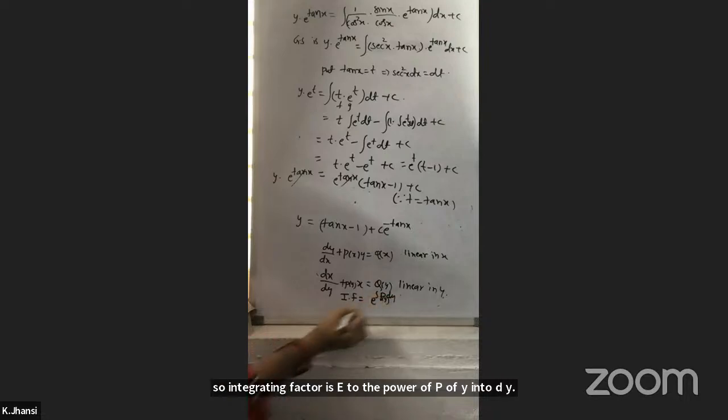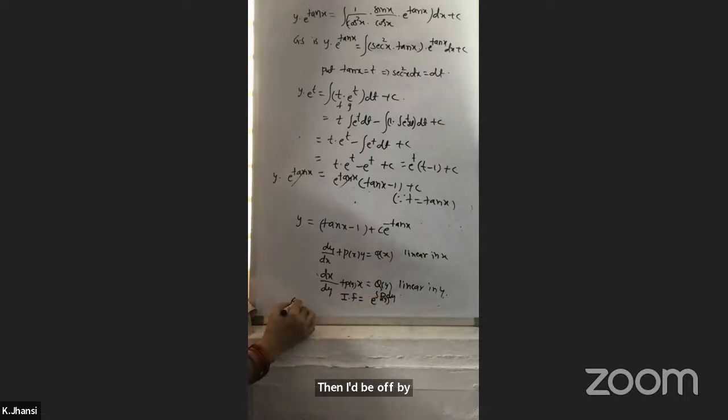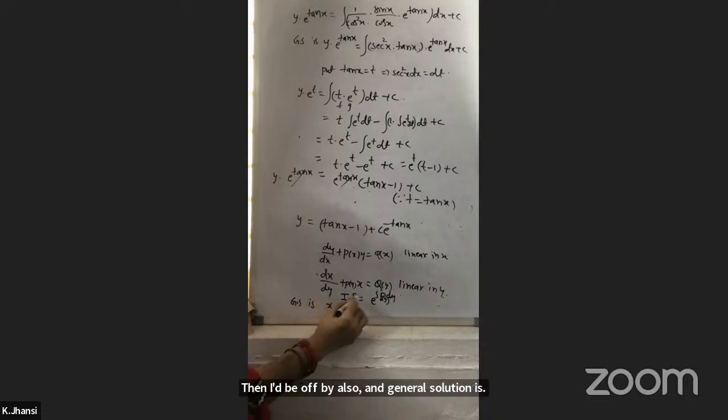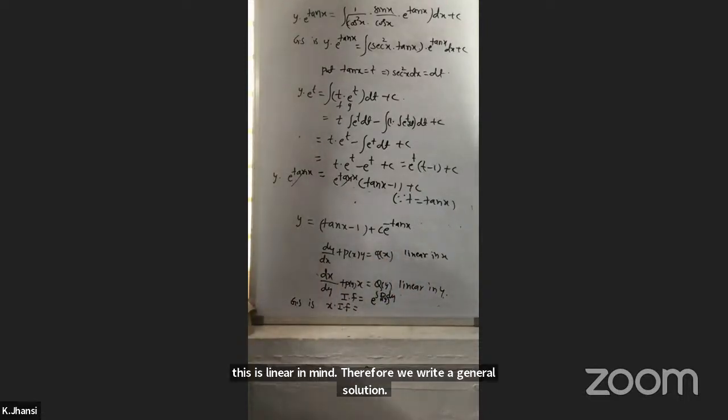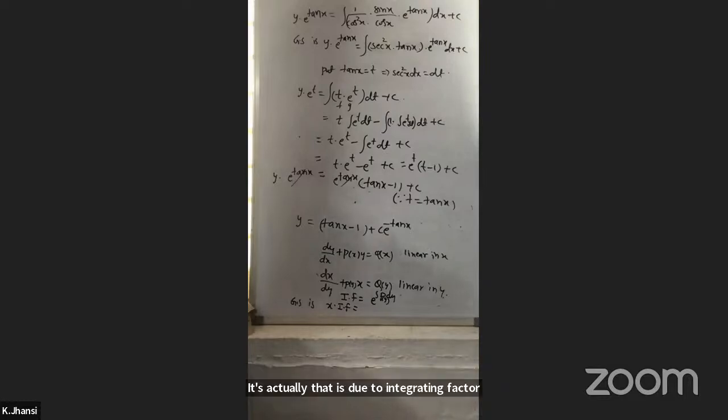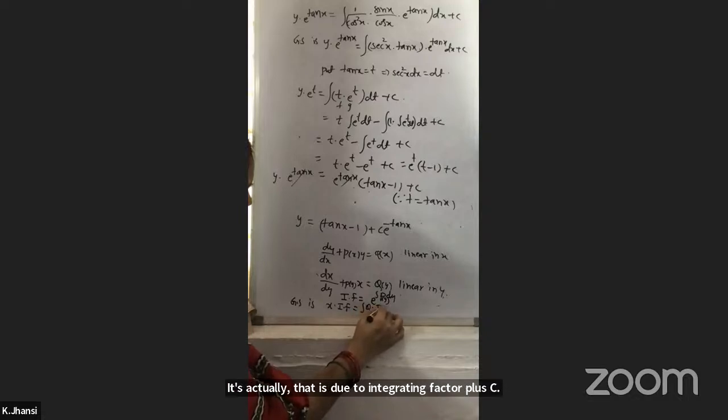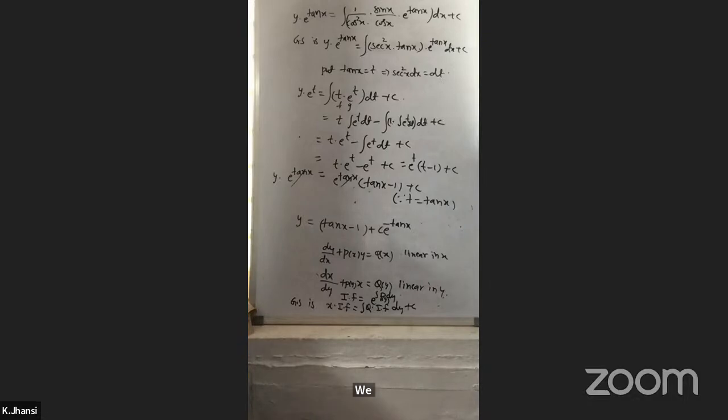Then the general solution is x into integrating factor equals integral of Q into integrating factor into dy, plus c. Here it is dy, not dx.